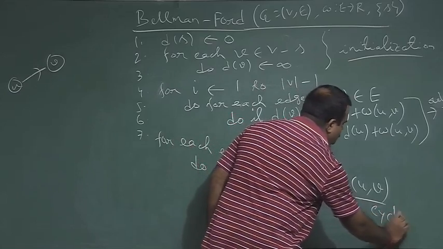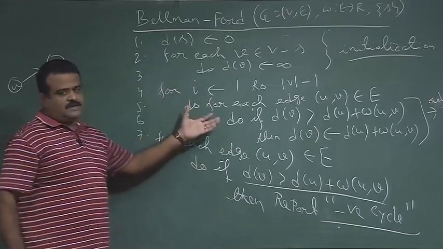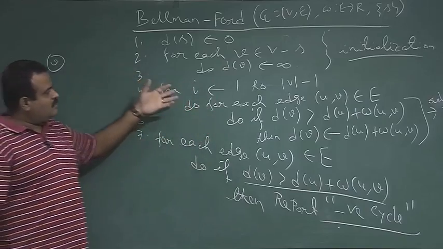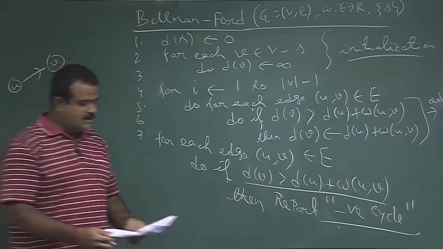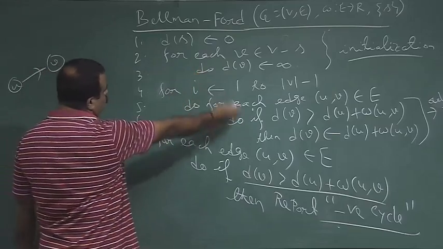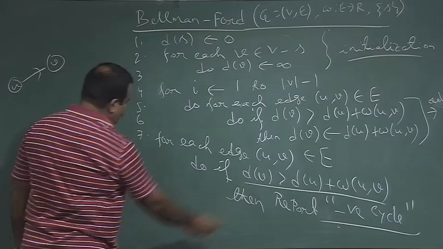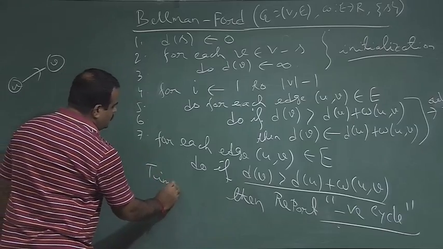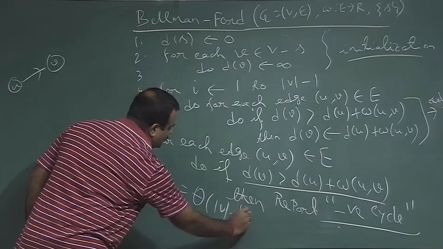That means the shortest path will not exist. So it either gives us the shortest path deltas of s comma v, or it reports a negative cycle. What is the time complexity? There are two loops, one V loop and one E loop, so the time is order of V times E.